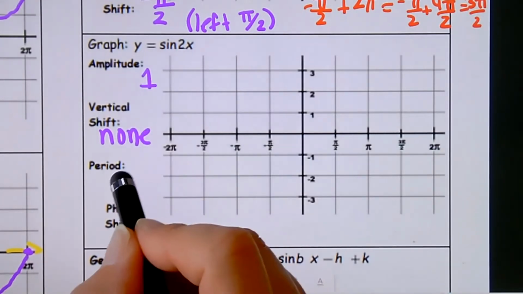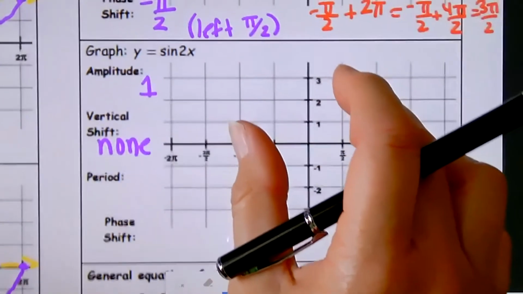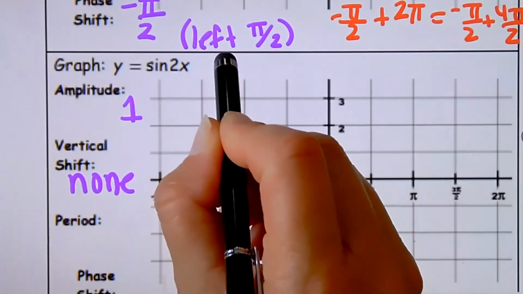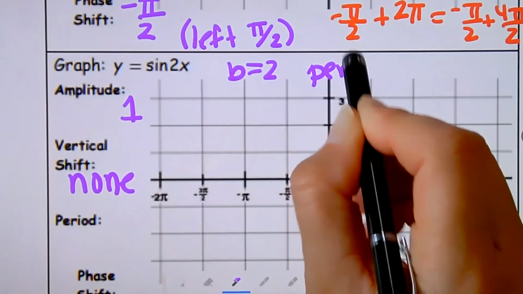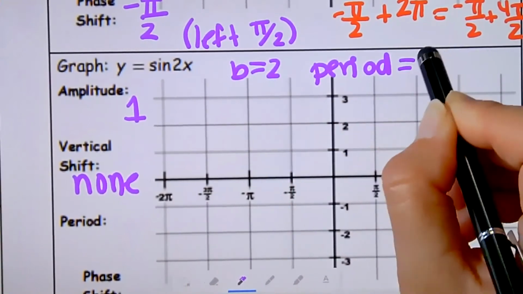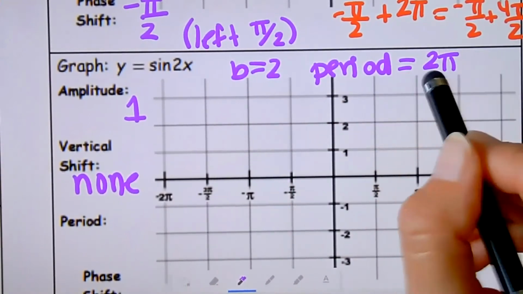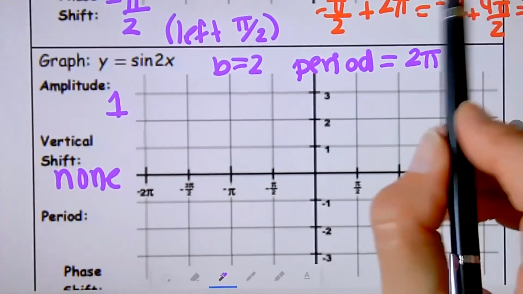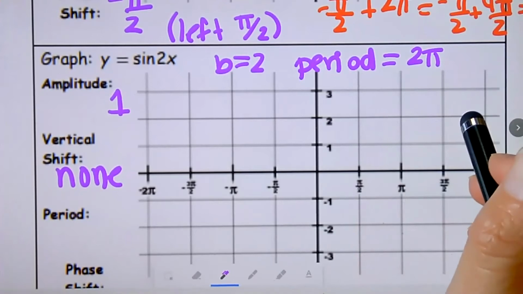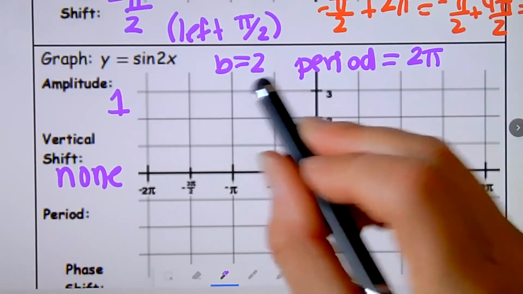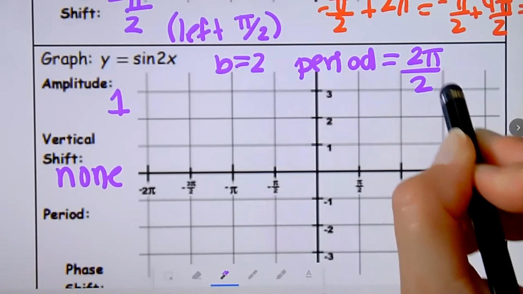My period, and this is how you figure out your period, in this case, my B is 2, and period is equal to 2 pi, because that's what a normal cycle is. So 2 pi over 1, I have 1 cycle in 2 pi. But now my b is not a 1, it's a 2. And so I divide it.